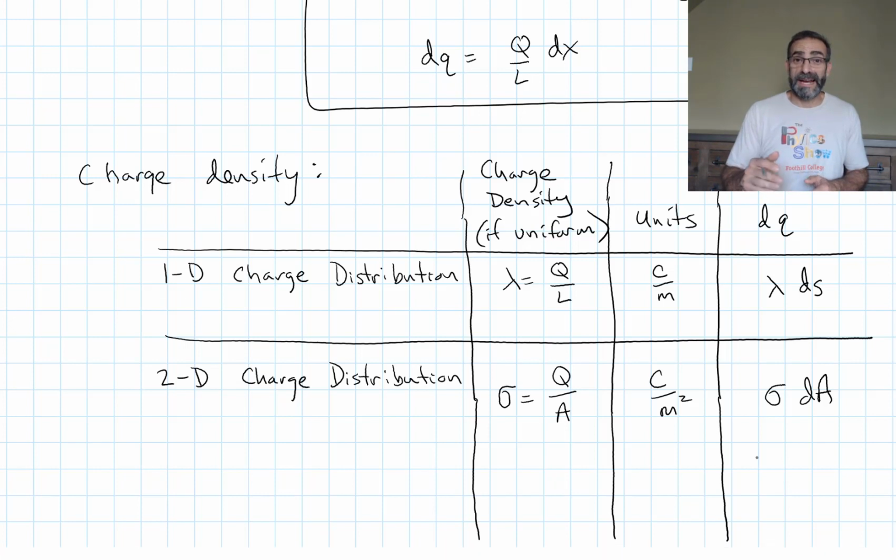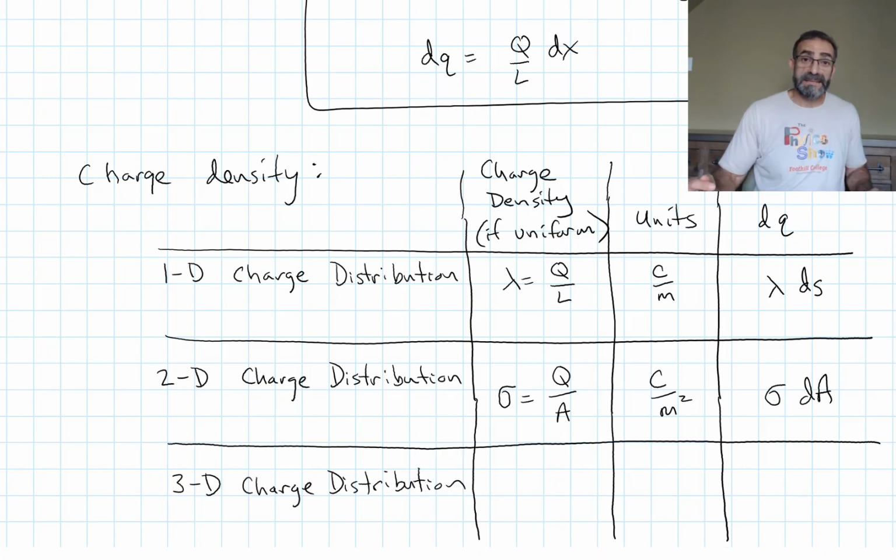We're integrating over area. For a three-dimensional charge distribution, that means the charge is distributed through the volume of some shape. Maybe it's a sphere, maybe it's a cube, but the charge is distributed through volume.